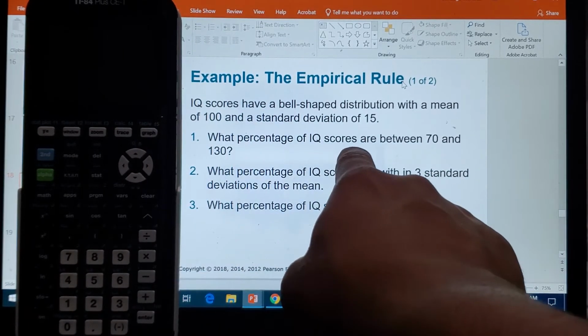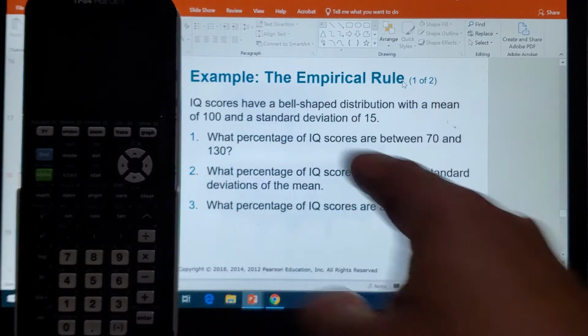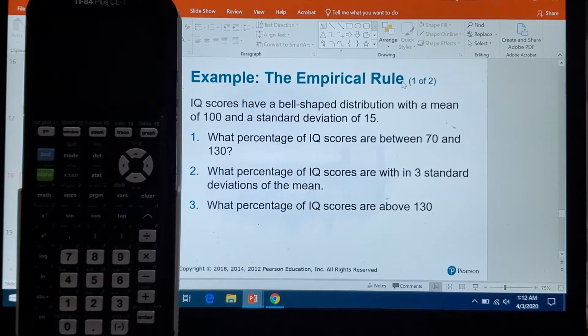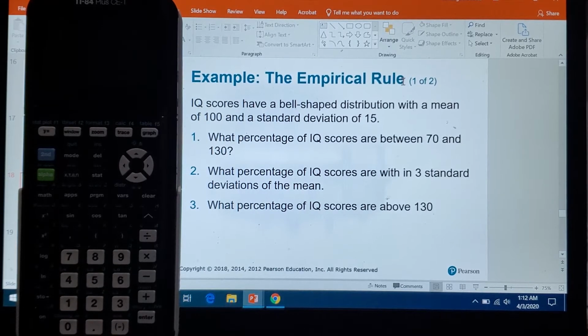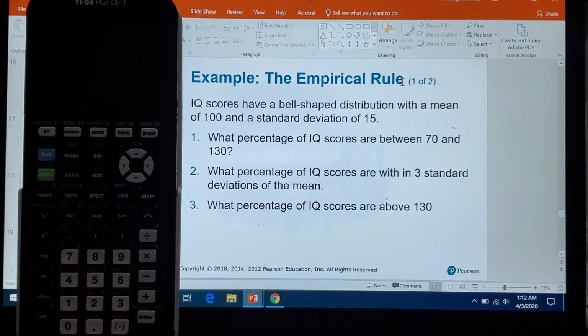What percent of IQ scores are between 70 and 130? What percentage of IQ scores are within 3 standard deviations of the mean? And what percent of IQ scores are above 130? So to get that, we have to try to construct the empirical rule. So let's see if we can do that together.